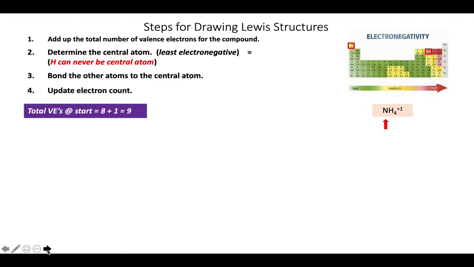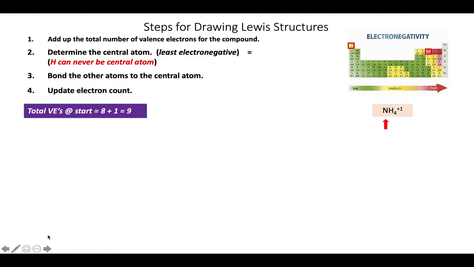Well, I've got nitrogen, and hydrogen can never be the central atom, so by default, it's nitrogen. Plus, there's only one of them. And we're going to bond the other atoms to the central atom and update our count.